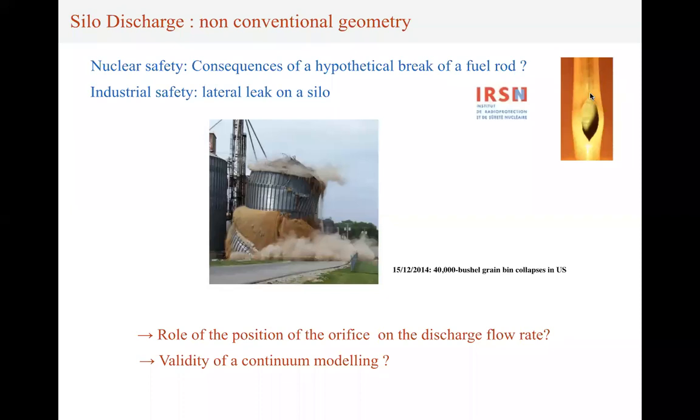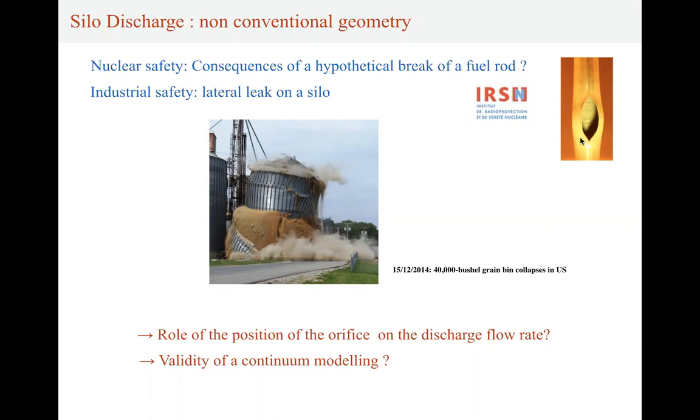This institute works on hypothetical accidents, and the question is what happens if the fuel rod breaks. What I wanted to know is what will be the flow rate of the fragments which will go inside the coolant pool, to understand the consequences of this hypothetical accident.